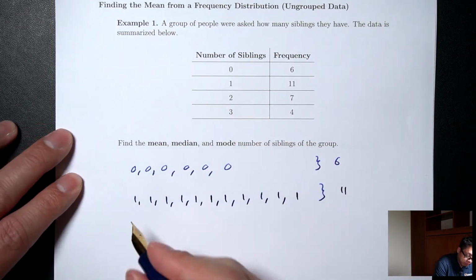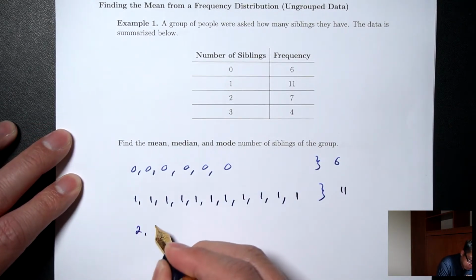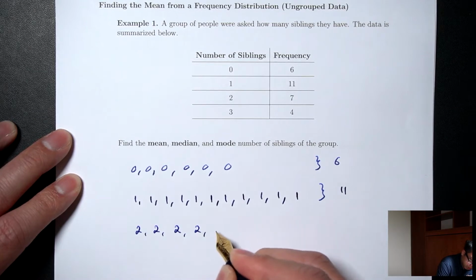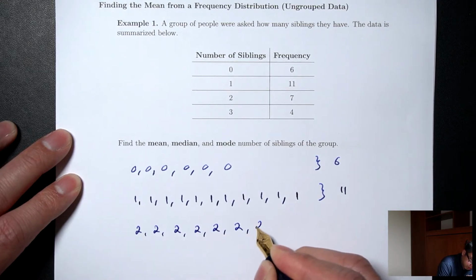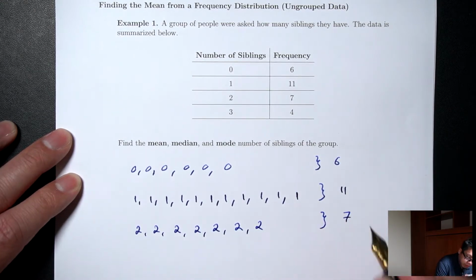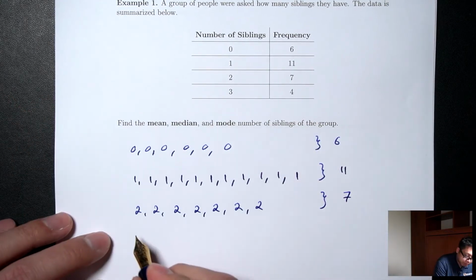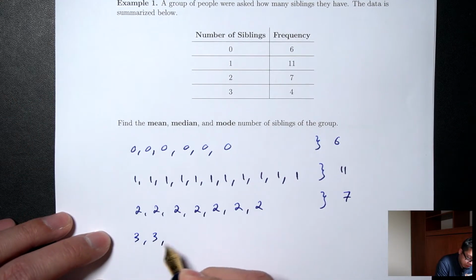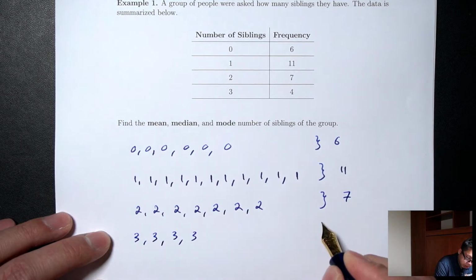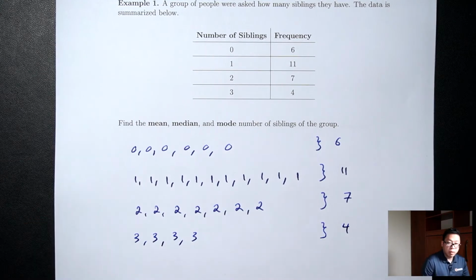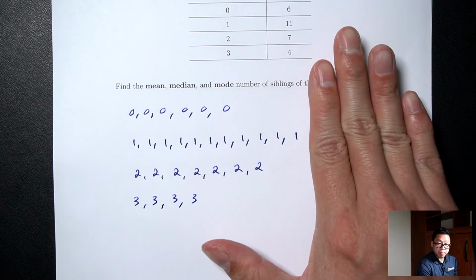There's 7 twos. And then there's 4 threes. And that's my original data.